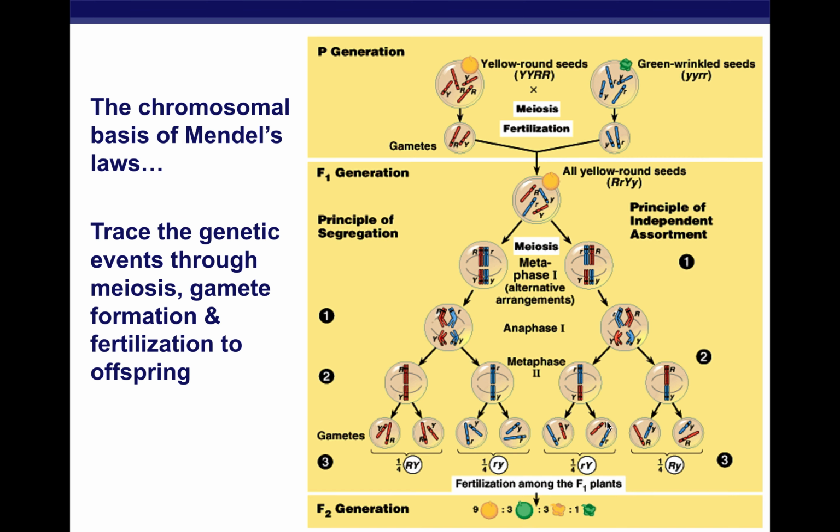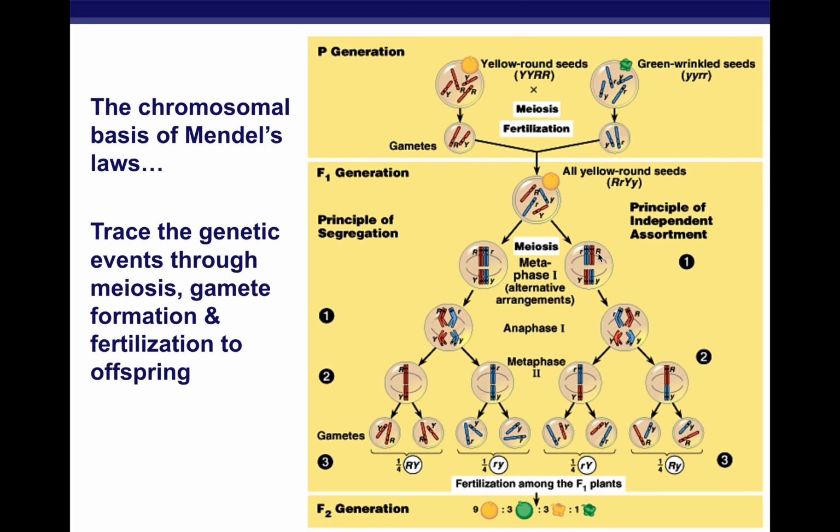So how do we do the math? And by the way, all these laws are based on meiosis, okay? So the reason why it's random whether you get big Y or little y in this gamete has everything to do with how it lined up during metaphase 1.